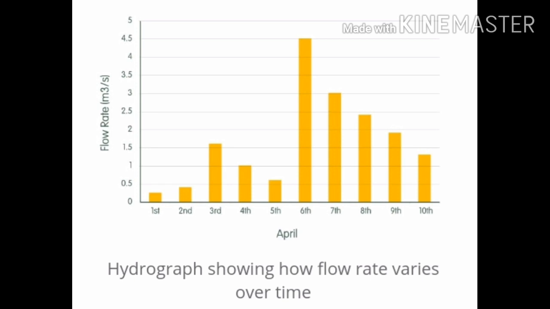In hydrograph, on y-axis, flow rate in meter cube per second is taken, and on x-axis, the day on which the flow rate is available is taken.